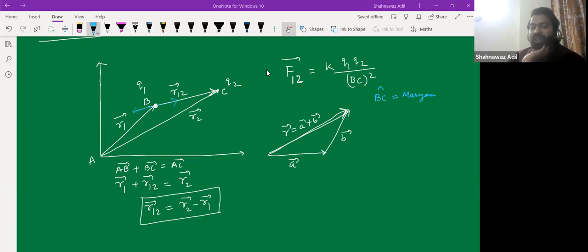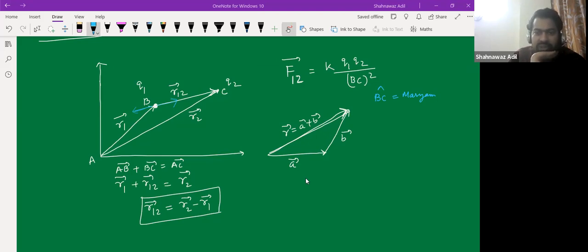And remember, the test charge is always what, positive or negative? These Q1, Q2 are positive unless it is mentioned otherwise. So they are always positive. So what would be the force on BC? Any answer?